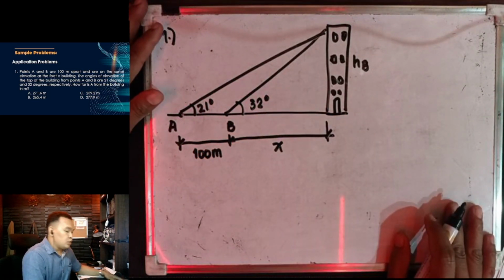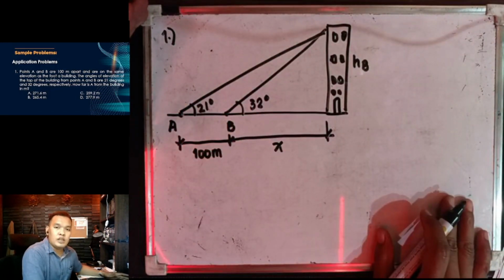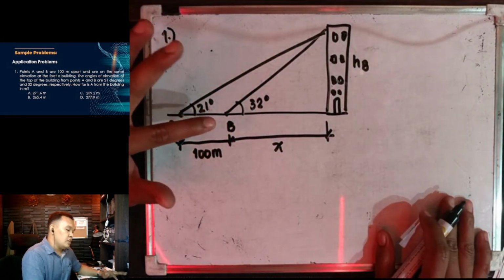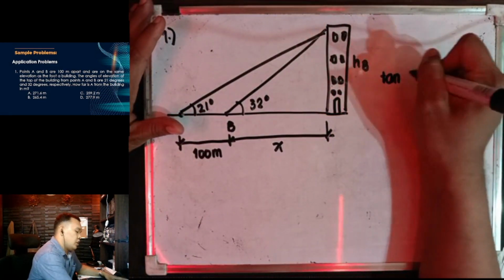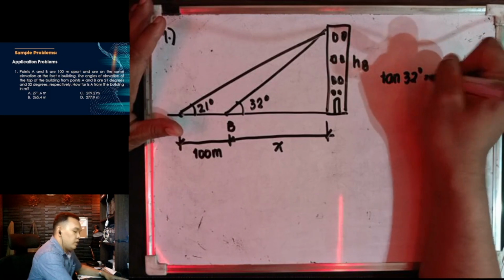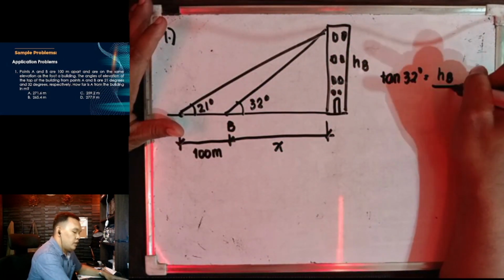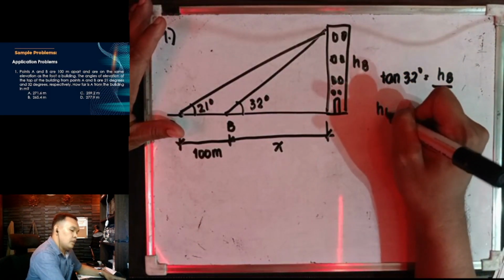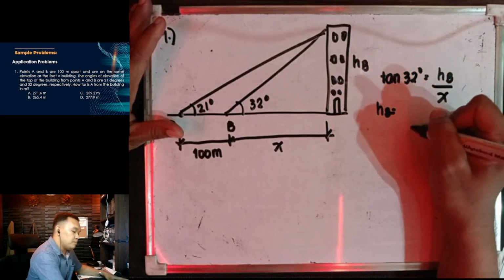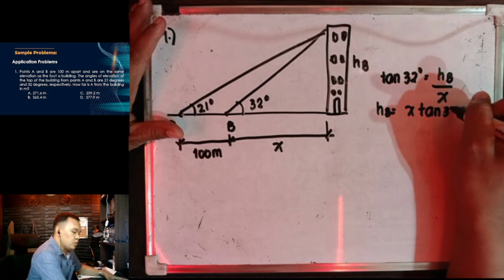So first, since nakakita tayo ng right triangle, we could use the SOHCAHTOA. Dyan, we could use tangent. Tangent 32 degrees is equivalent kay opposite over adjacent, which is HB over X. So we could say that height of the building is equivalent kay X tangent 32 degrees.